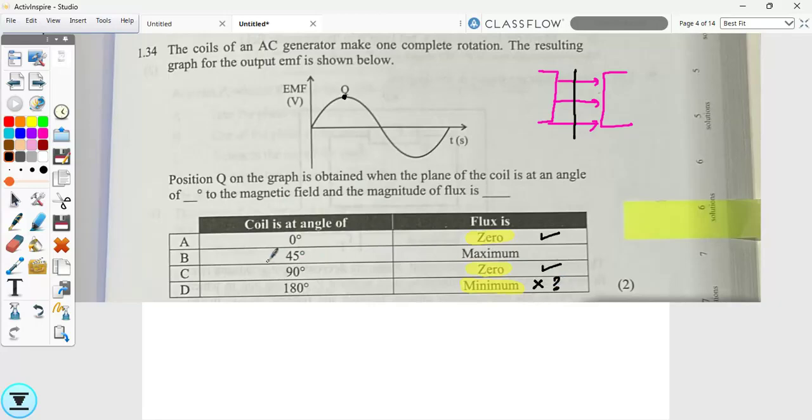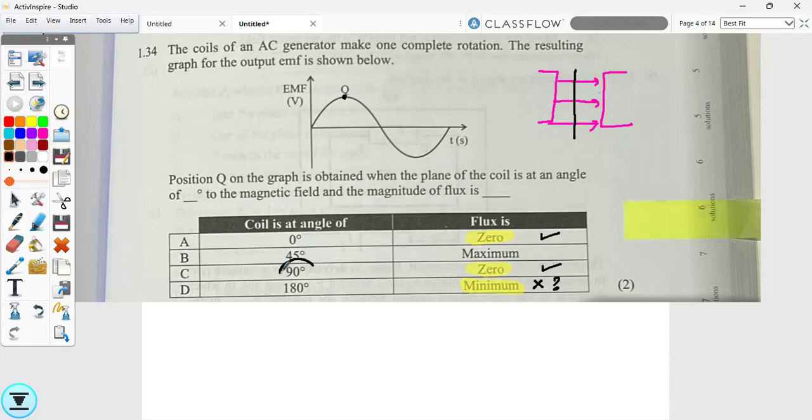But let's look at the angle now because the angle is then going to give it away. The angle of what to the magnetic field, the plane of the coil is angle of what to the magnetic field. So if we're looking at this one here, it's at an angle of 90 degrees to the magnetic field.